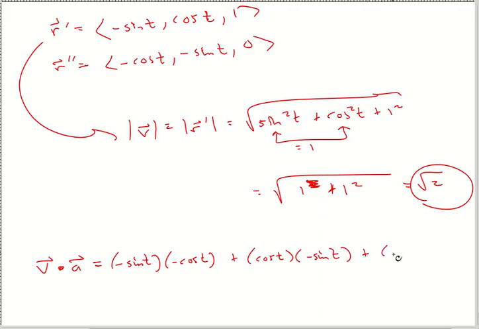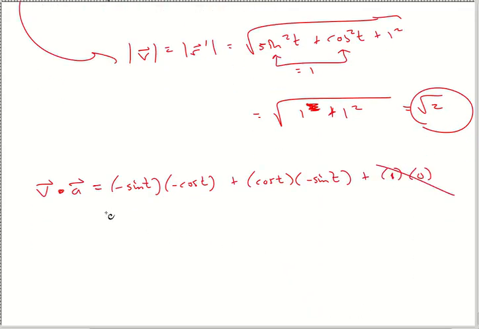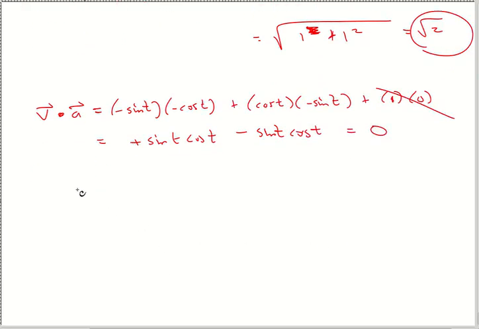And then I got 1 times 0, but that's just going to be a 0. You don't need that. So it's going to be a positive sine cosine here, but here it's going to be a negative sine cosine. And you know what happens here? Those guys cancel and make a 0.